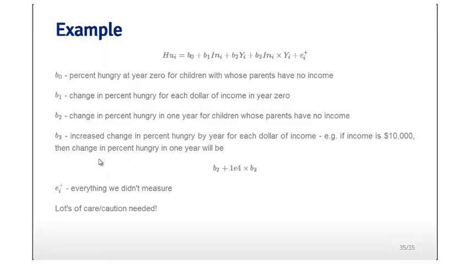And this just reiterates the equation we had from the previous page, but in this context. And epsilon, in this case, is again lumping in everything we didn't measure. And Jeff had a comment here, which is very well put, that interactions are kind of complicated, so you need to be careful.